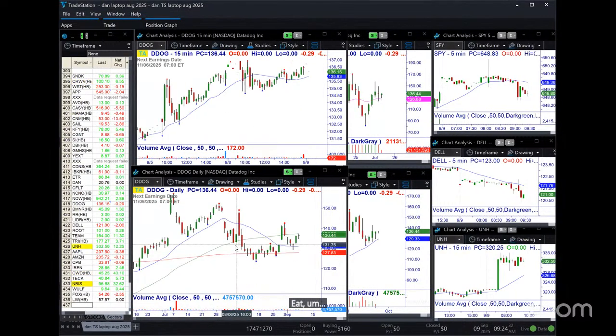D-Dog Greg mentioned yesterday, and I posted it as a put spread over yesterday's high. Let me set an alarm. 136.93. Yeah, I like that we're pulling in here. I think we're gonna have another boring day.